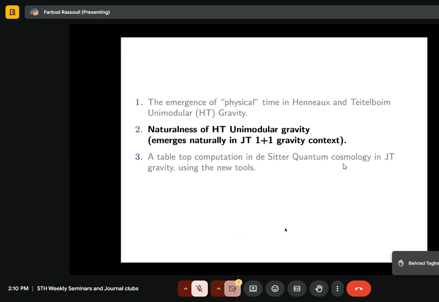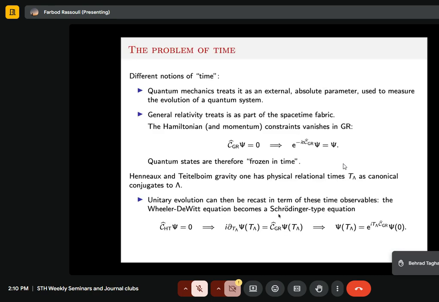Now, please tell me any questions. Go for it. Hi, thank you. I was wondering, is there any relation between this relational time introduced in this formalism and the relational time introduced by Page and Wootters in trying to resolve this? It is exactly the same. It's in our paper, in the third part.